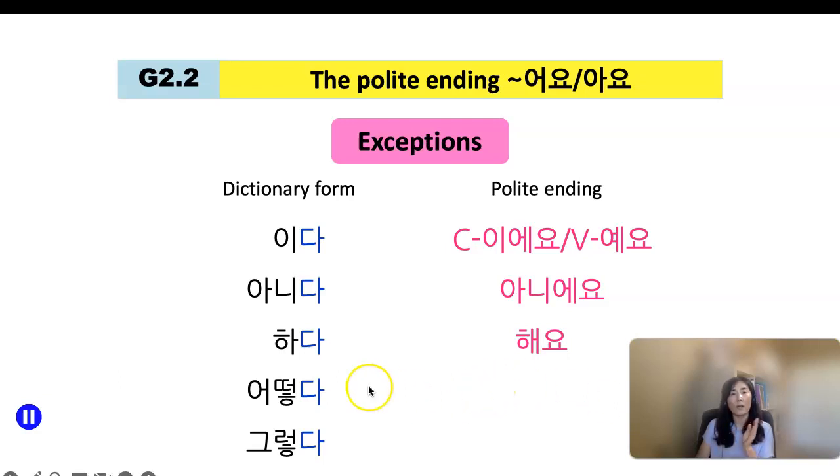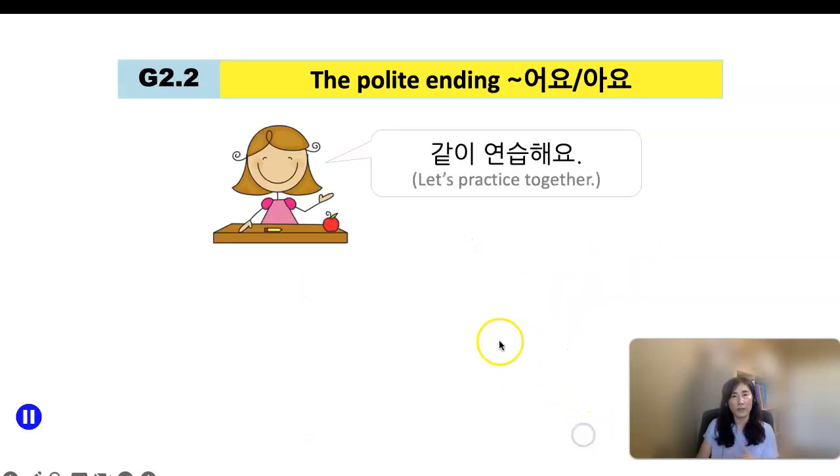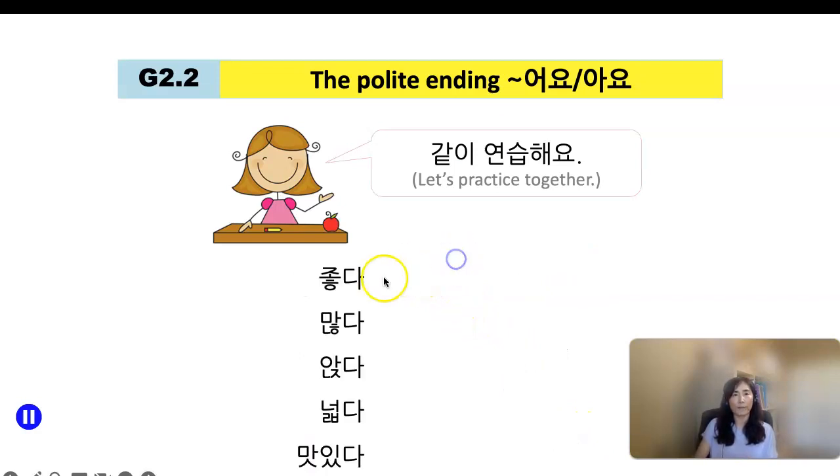All of them. 어떻다? 어때요. You just remove the ㅎ sound at the end and attach 요 directly. 그렇다. Basically, you remove the ㅎ sound at the end and attach 요. 그래요. 이에요, 예요, 아니에요, 해요, 어때요, 그래요.